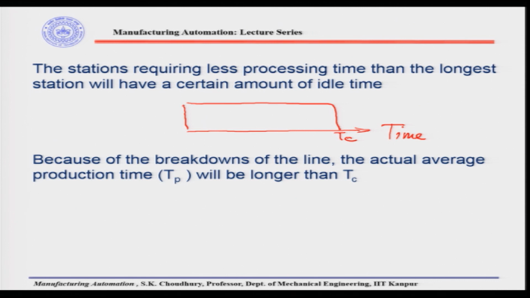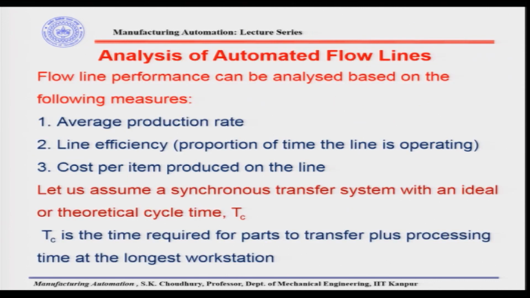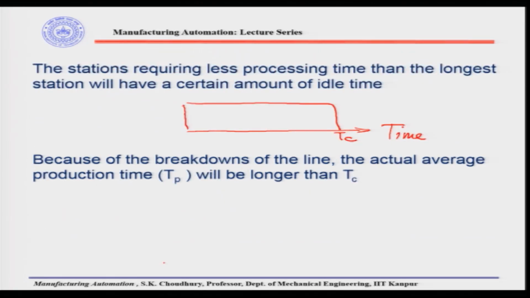T(c) is the cycle time required for parts to transfer plus the processing time at the longest workstation. In this, let us say this much is the time taken for transferring the parts, and this is the processing time for the longest workstation, that means the machine which will take the longest processing time.